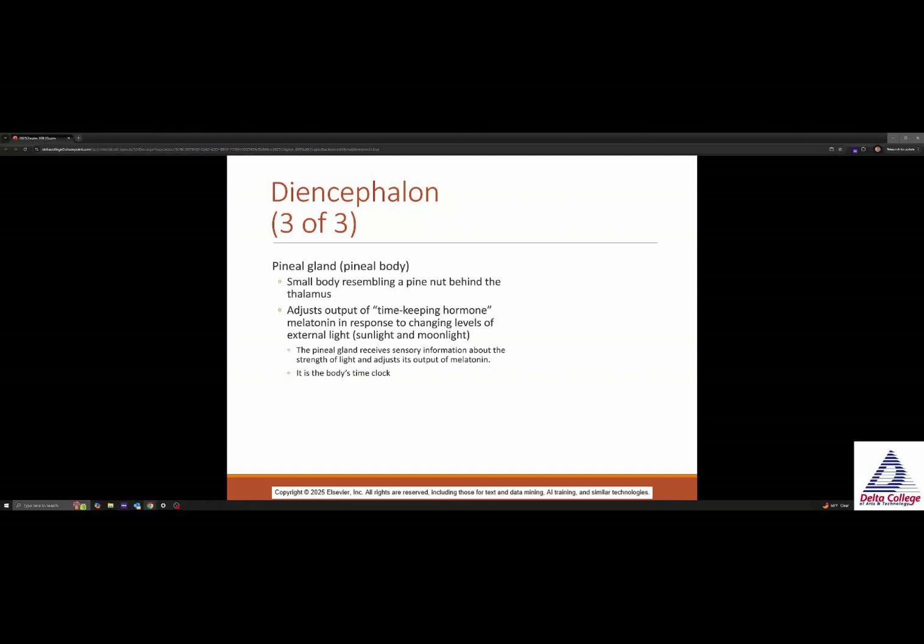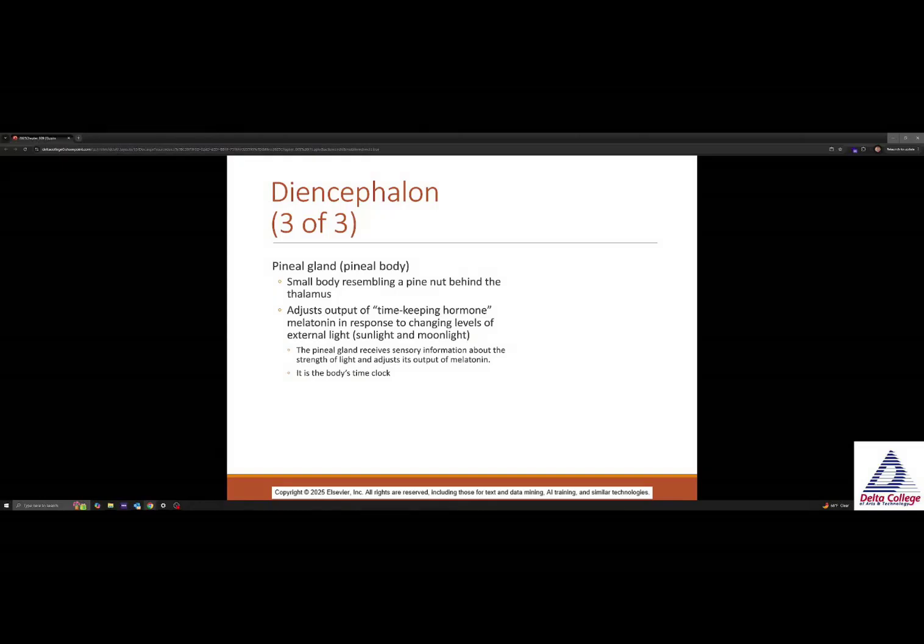The pineal gland receives sensory information about the strength of light and adjusts its output of melatonin. It is the body's internal time clock. So, the pineal gland is the internal body's time clock because of this melatonin.